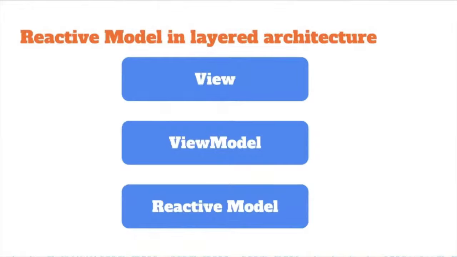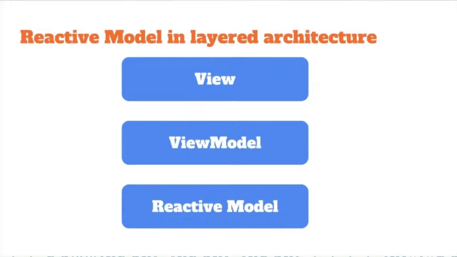What does it look like when we add another layer, which is the reactive model? Why do I call this reactive model a non-model? It is because a reactive model can express the idea of reactiveness. A reactive model should return all this data in a reactive way.